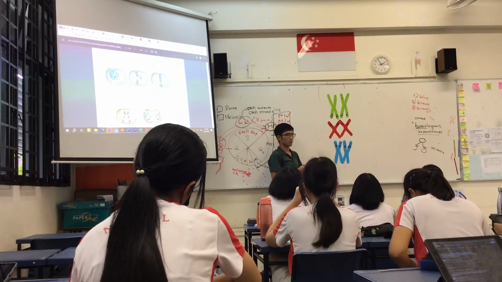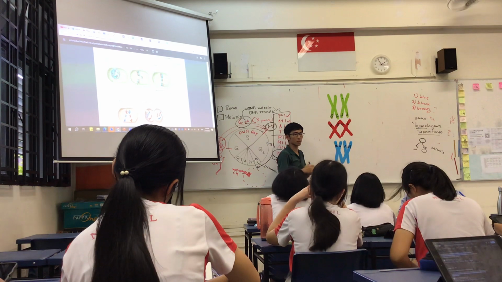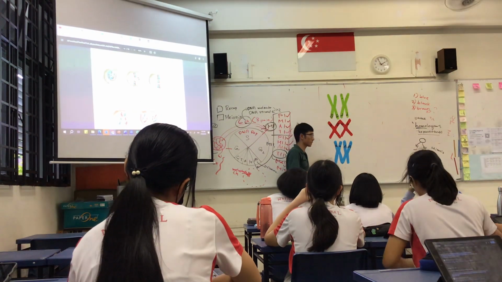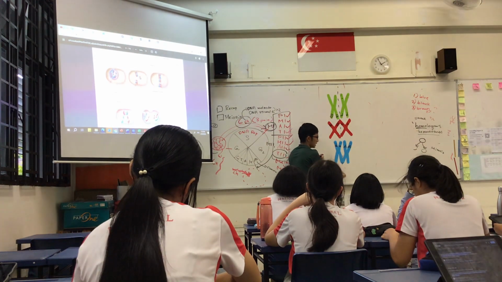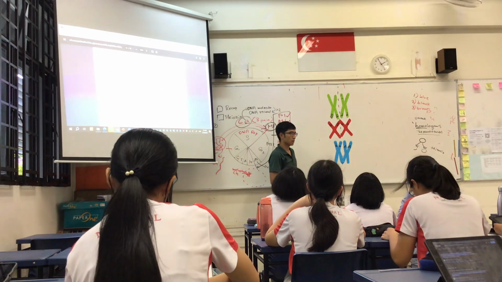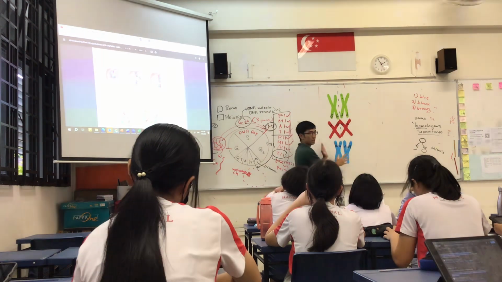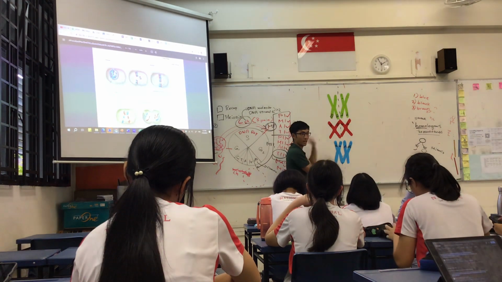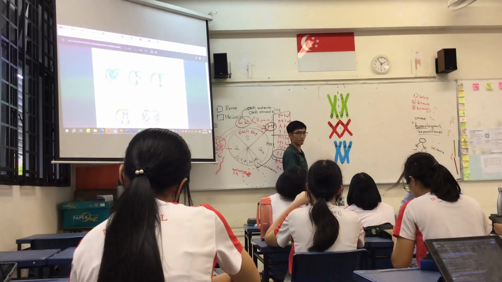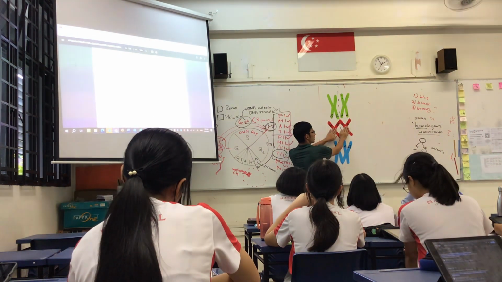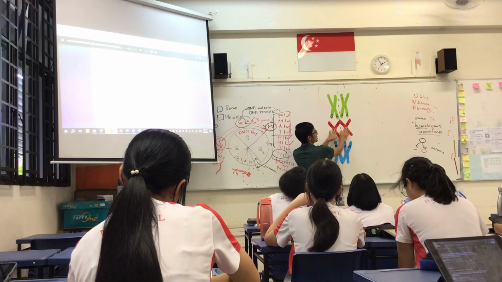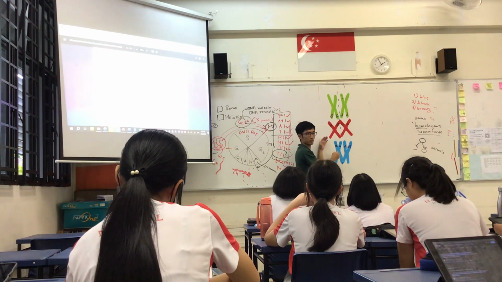The independent assortment of chromosomes is this. You know when they line up at the equator? How they line up determines whether they go to the cell on the left or the cell on the right, correct? But how this pair arranges itself does not depend on the pair above.